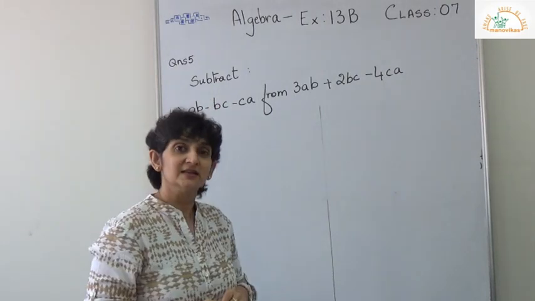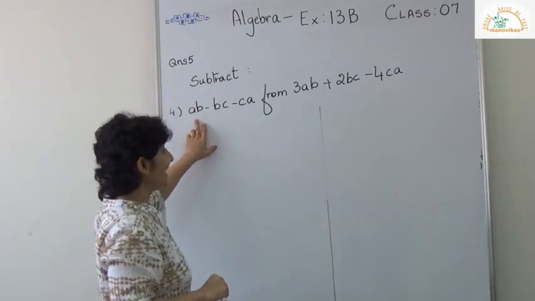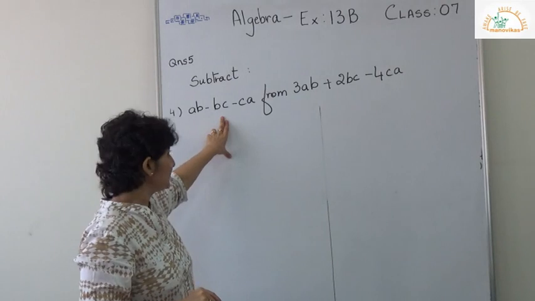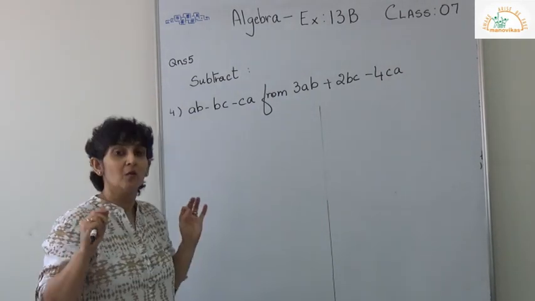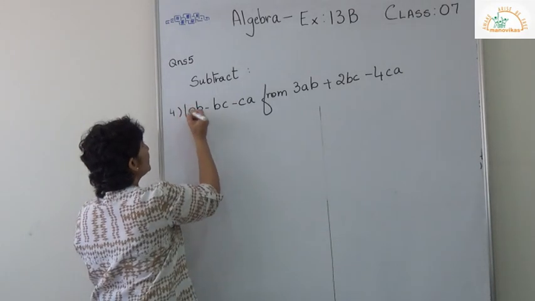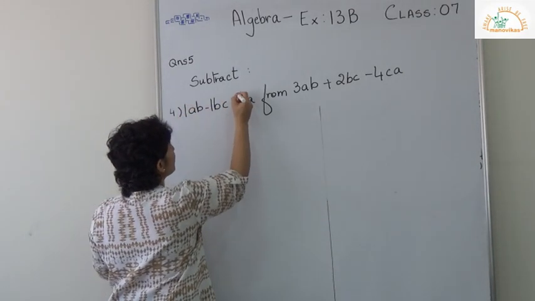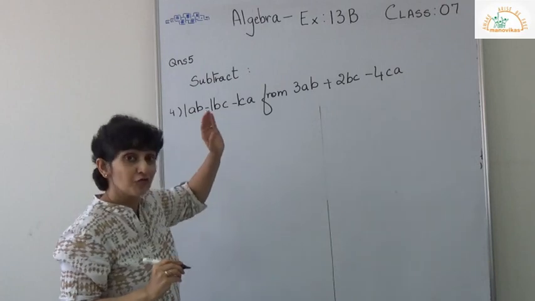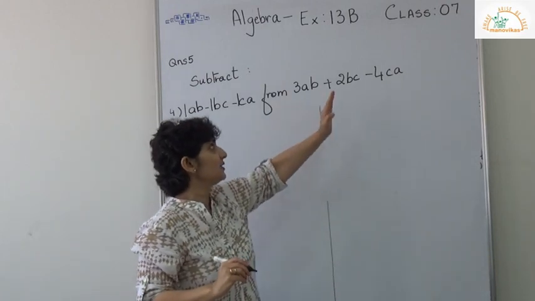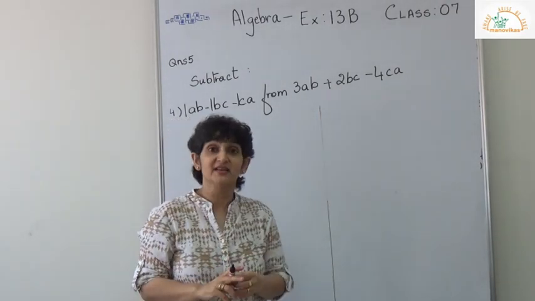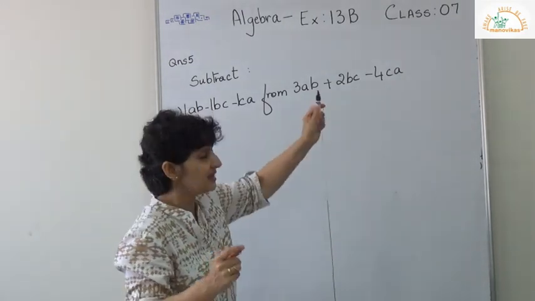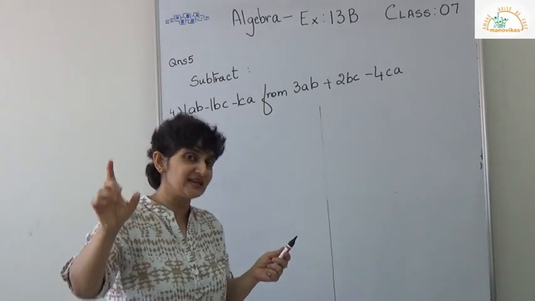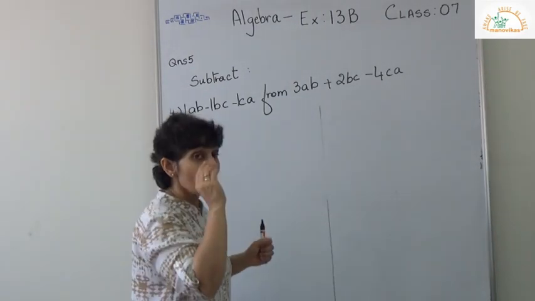Now here they've said subtract AB minus BC minus CA. When there's nothing here, children, what does it mean? 1AB, 1BC minus 1CA. From 3AB plus 2BC minus 4CA. Now whether it is 4CA or 4AC, it means the same.